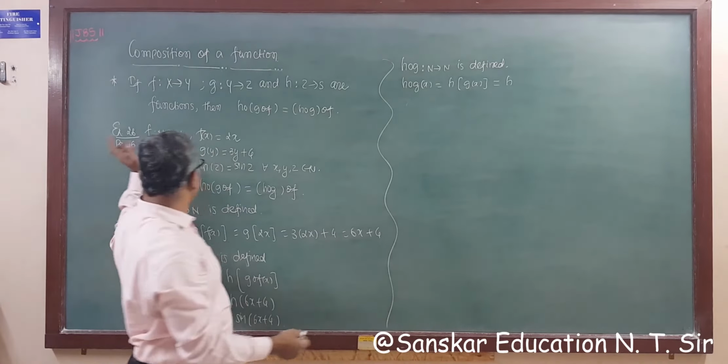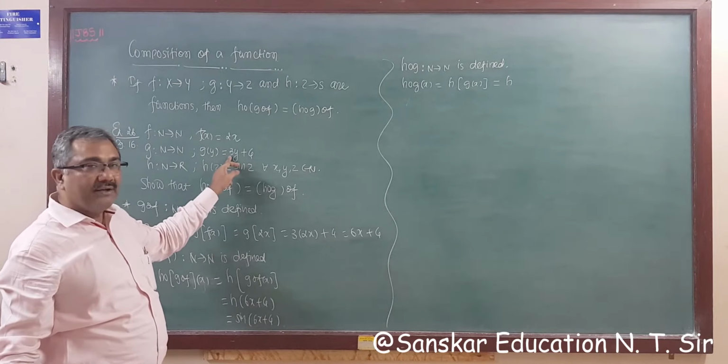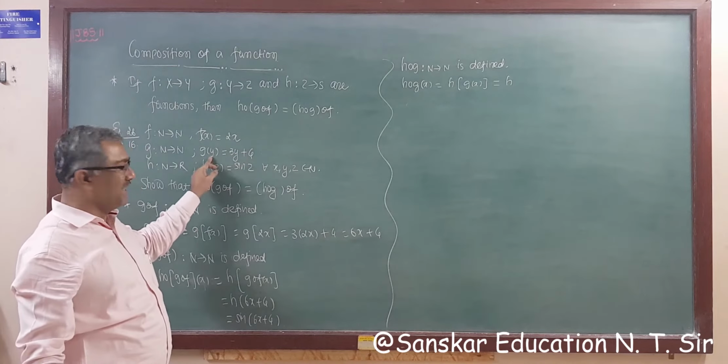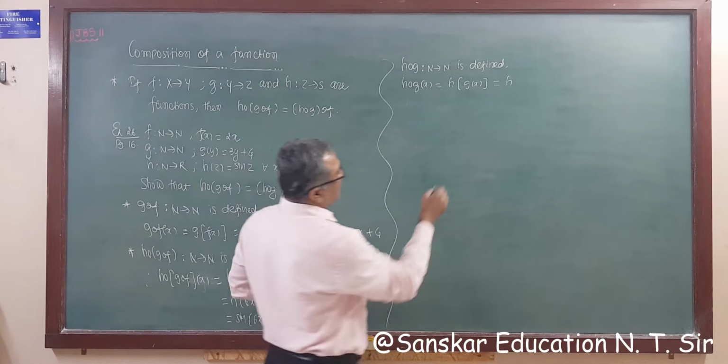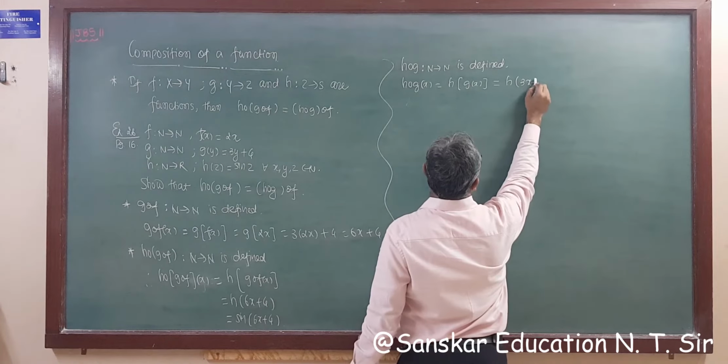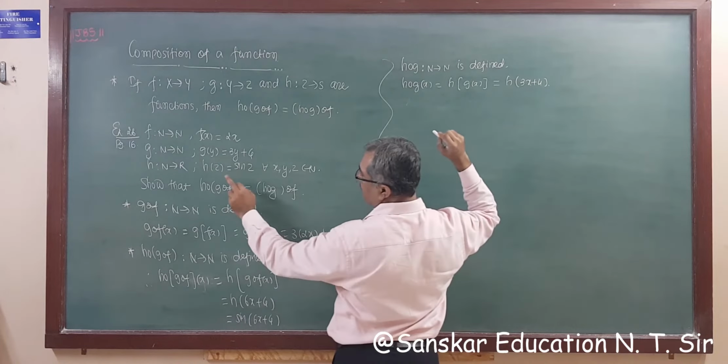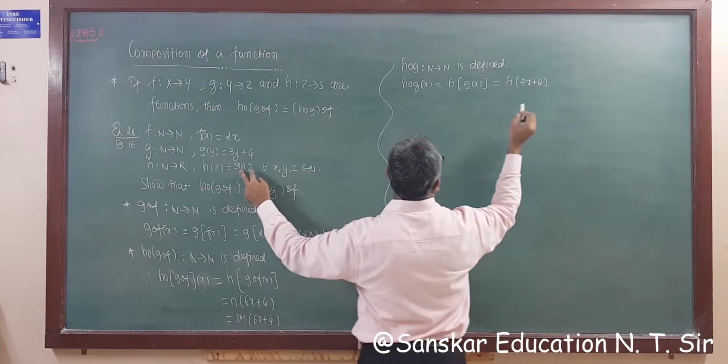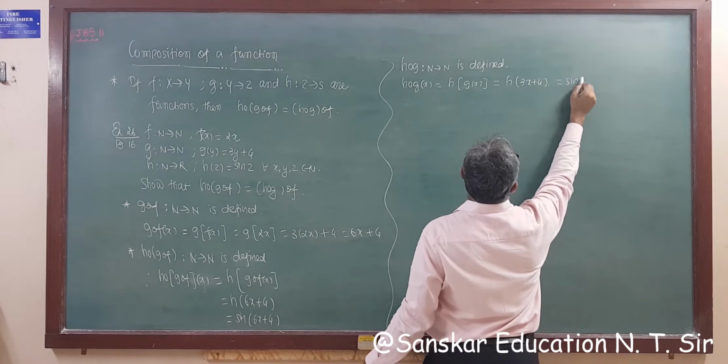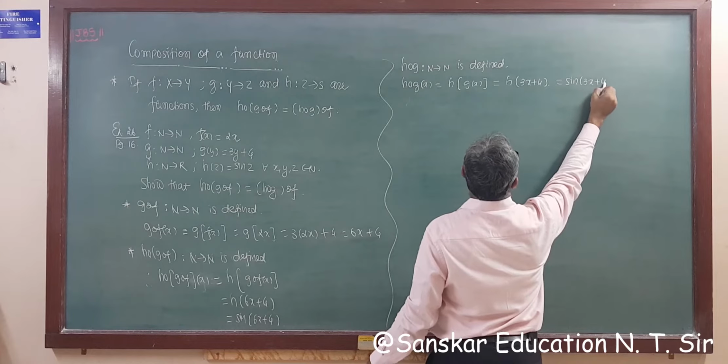Now what is g(x)? It is 3x plus 4, because I am writing x here. So this is 3x plus 4, and h is sine, so that is sine of 3x plus 4.